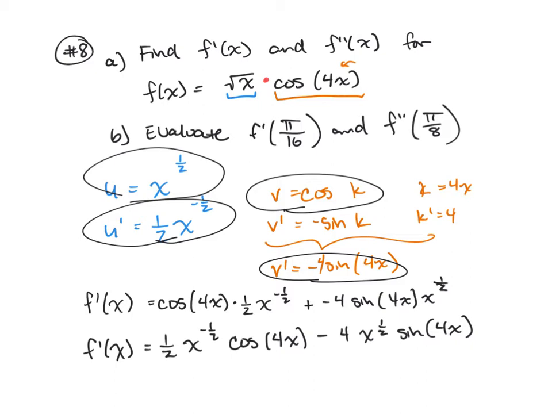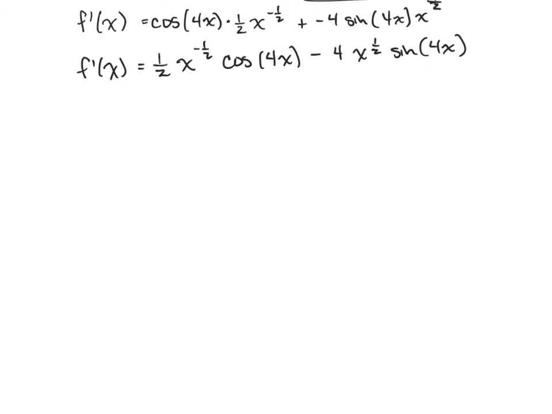Okie doke. So now I need to get the second derivative. And the second derivative here, I've got a product, and here I also have a product. So we're going to use, this is my first bit, this as my second. So v is cosine of 4x.